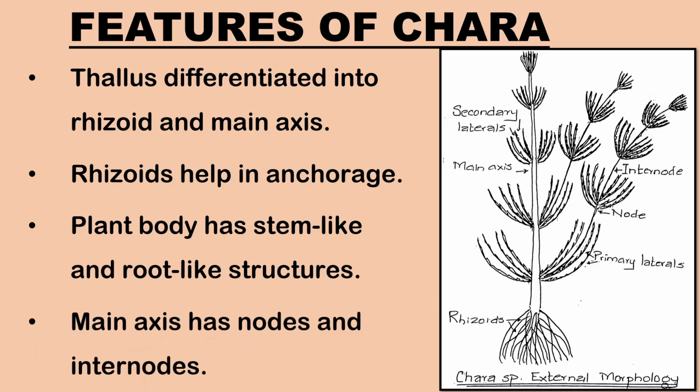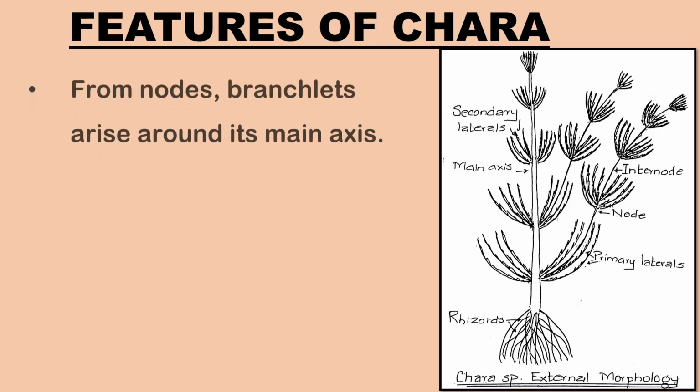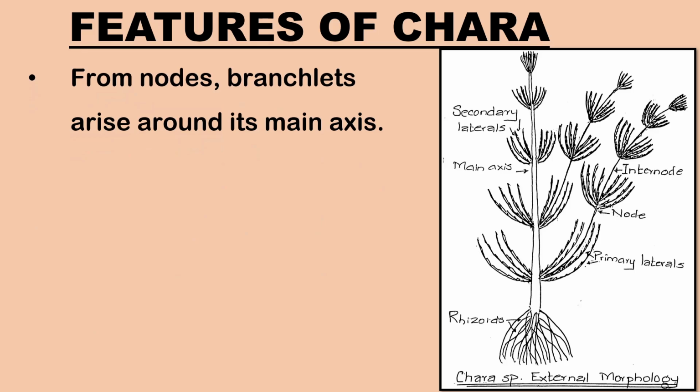The main axis is cylindrical in shape with nodes and internodes. From the nodes, small leaf-like structures are arranged in whorls around the main axis and are known as branchlets.